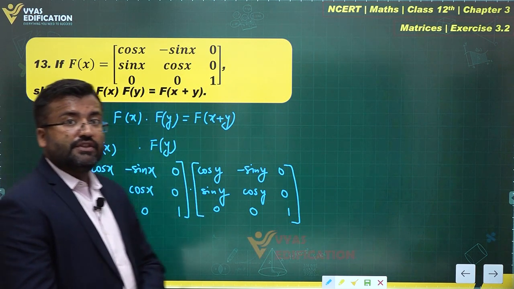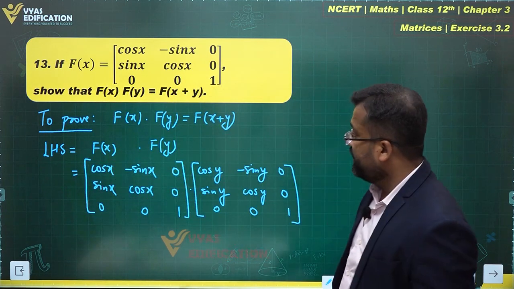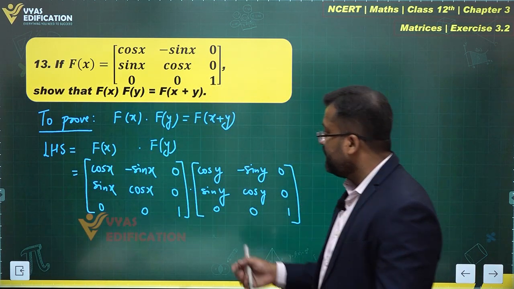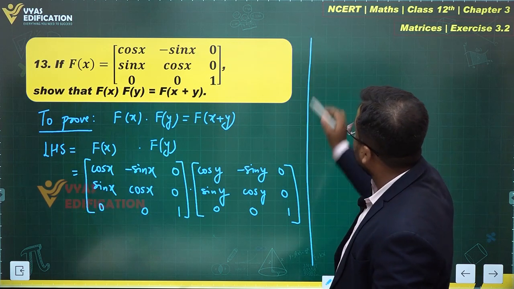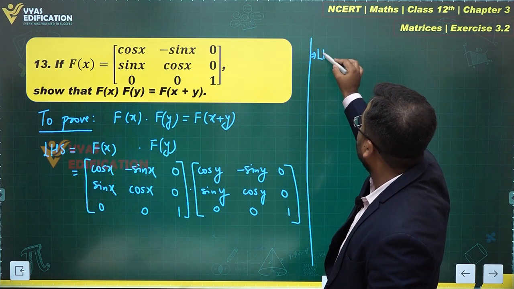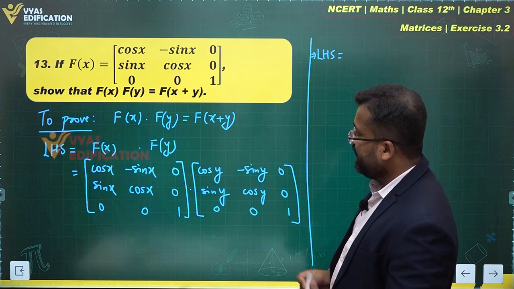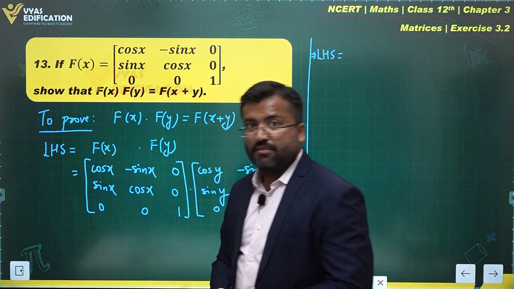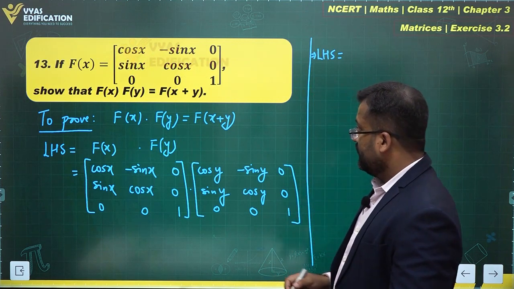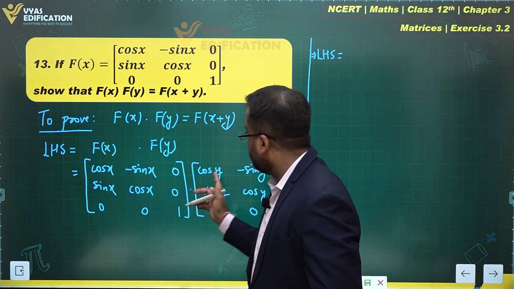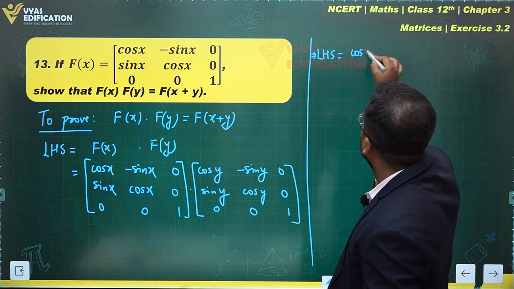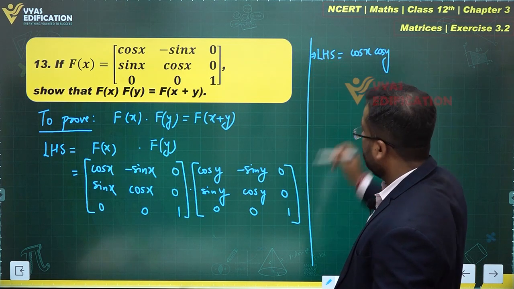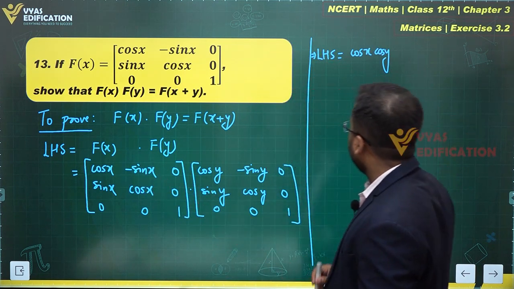What about the product of these two matrices? Let's write the product of these two matrices. This is a 3 by 3 matrix, and this is another 3 by 3 matrix. The product can be obtained by multiplying this row with this column to get the first element, A11, right? Let's do it. This is cos x cos y minus sin x sin y.